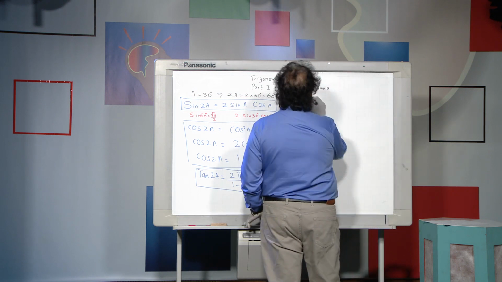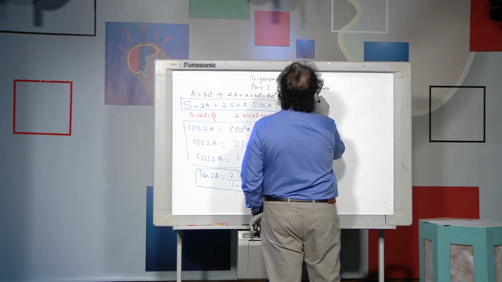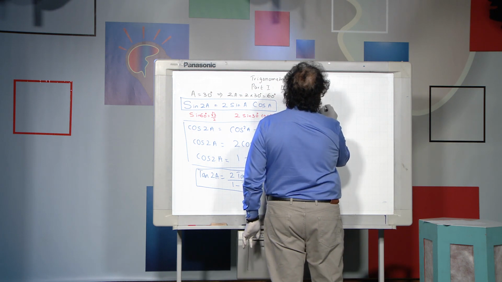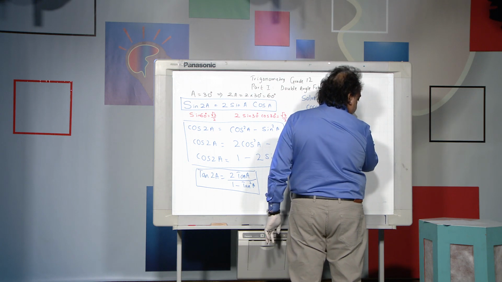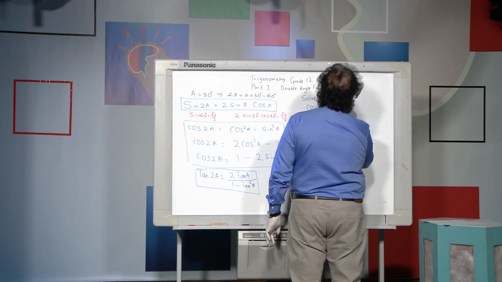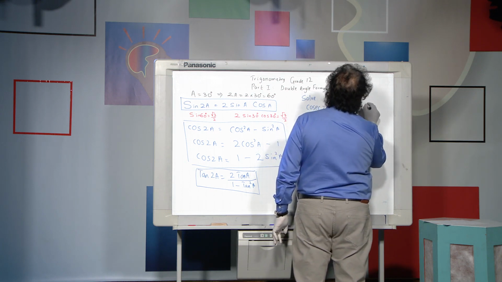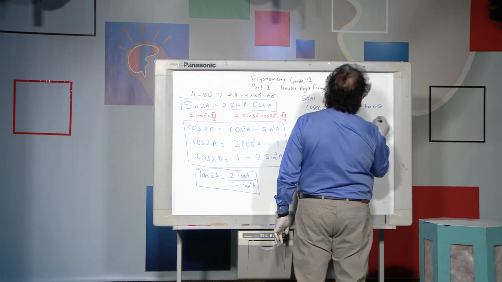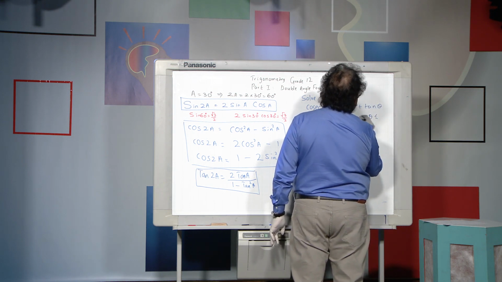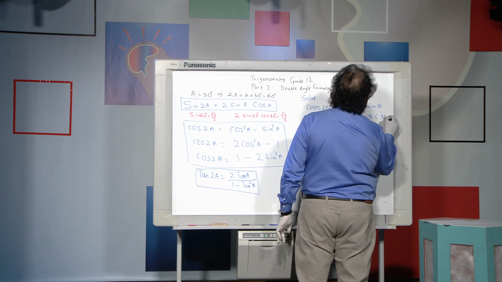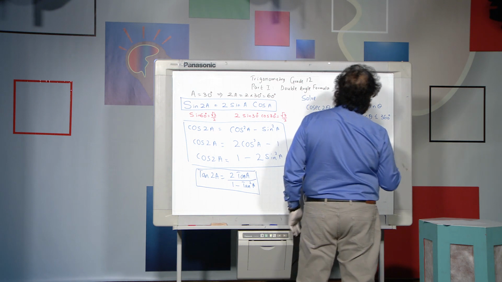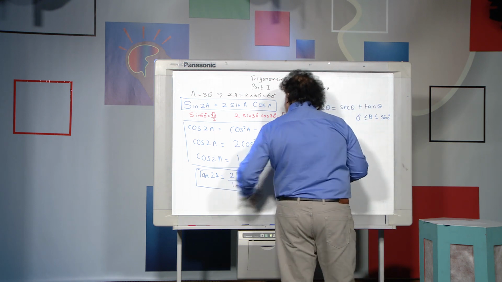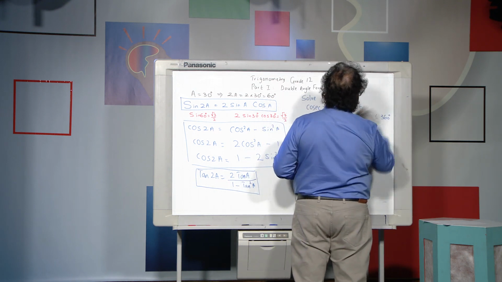If I ask you to solve cosec 2 theta equal to sec theta plus tan theta for all angles between 0 and 360 degrees. Just correct that.